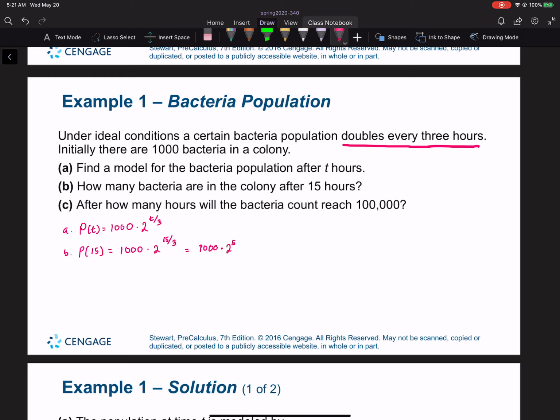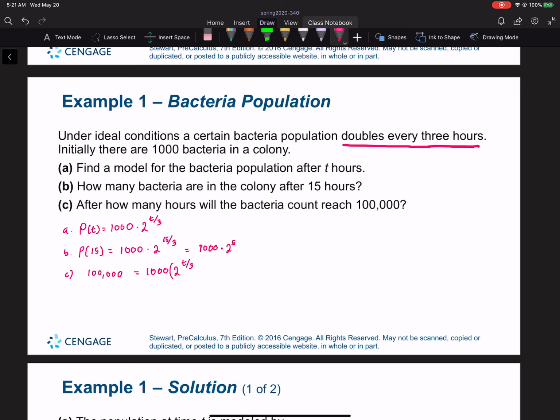Okay. And C is asking, how many hours will the bacteria reach 100,000? So I'm looking at 100,000 is equal to my initial, which was 1,000, times 2 to the t over 3.